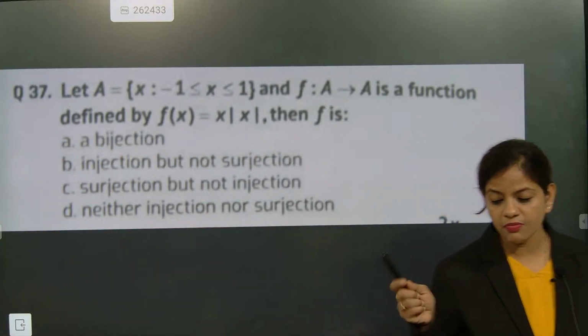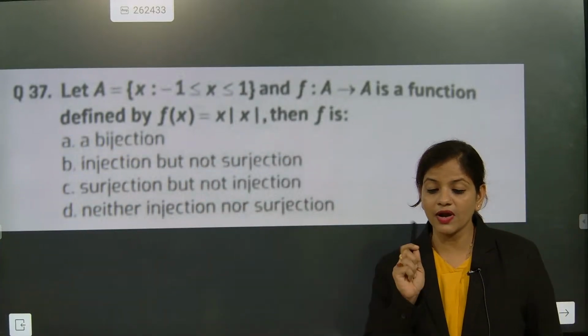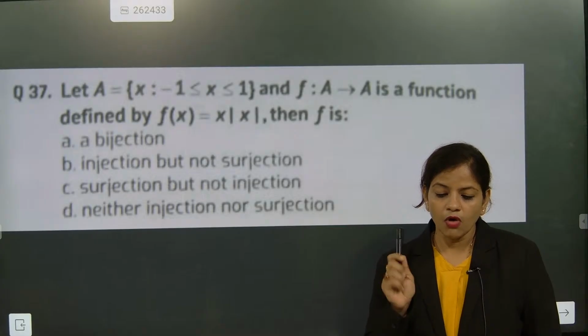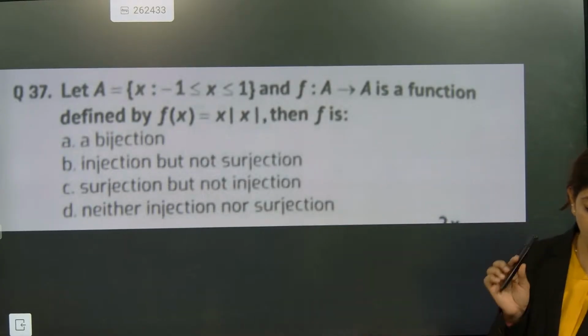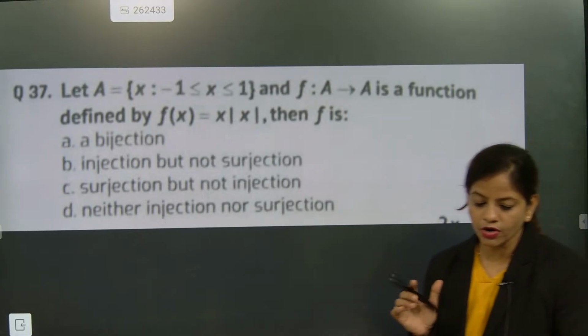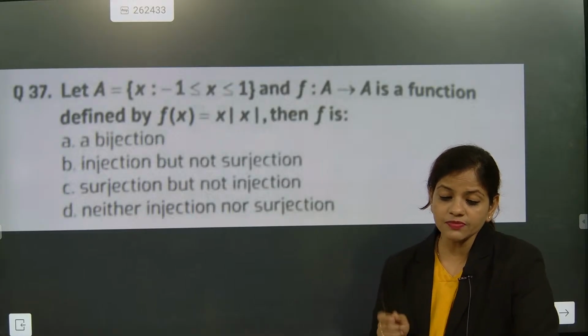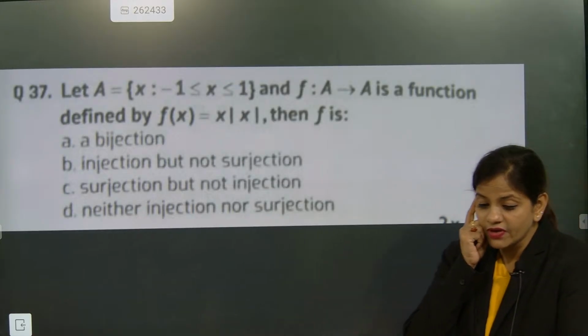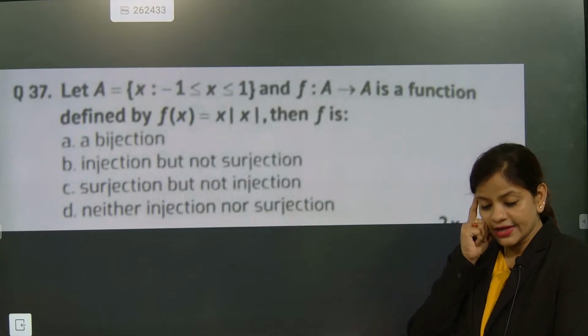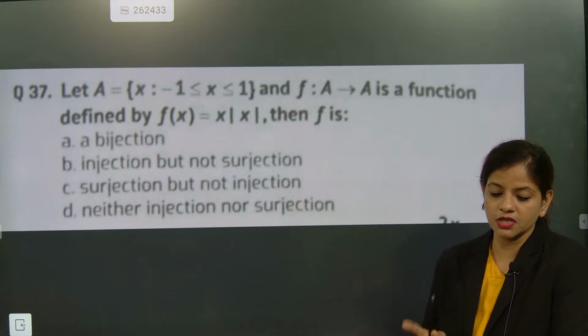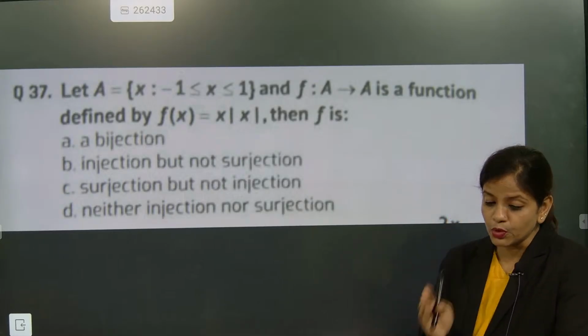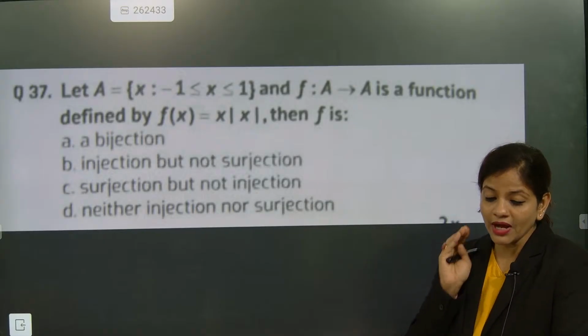Modulus also, remember, modulus is not one-one. One thing very important: modulus is not one-one, but sometimes in modulus, listen to me very carefully before writing any answer for this question. You need to check the input, that is the domain.